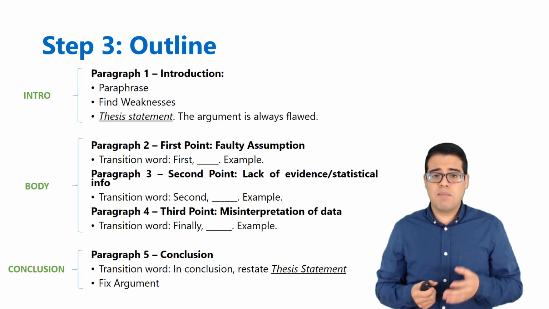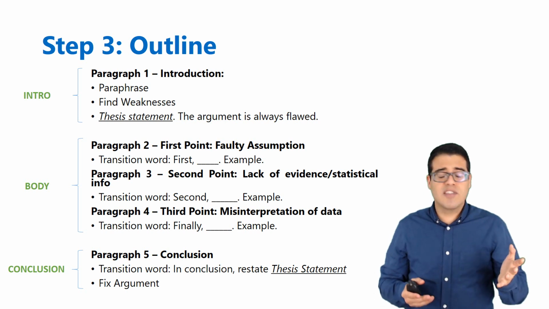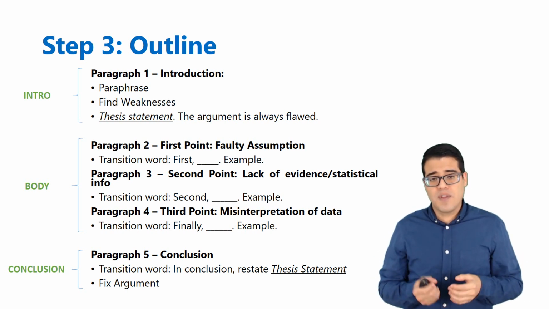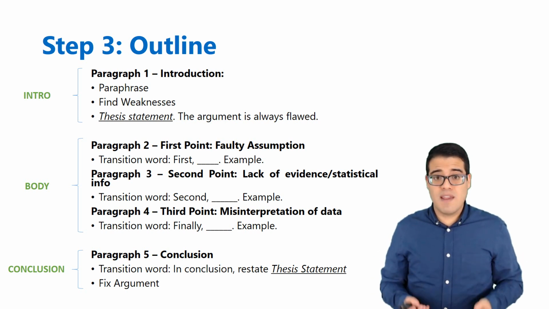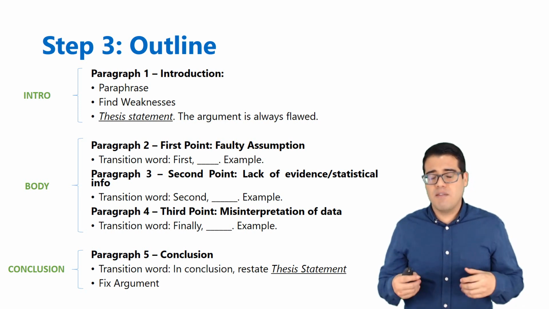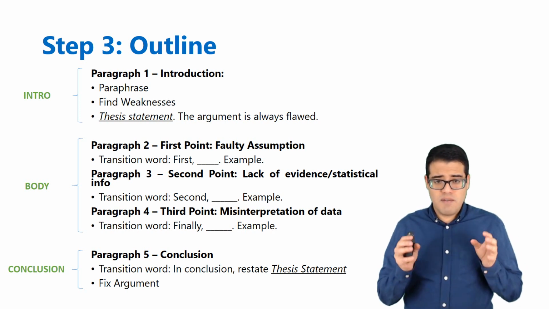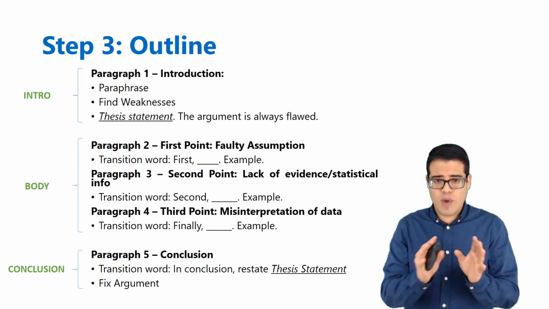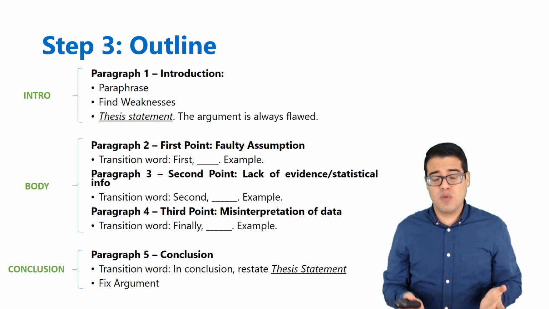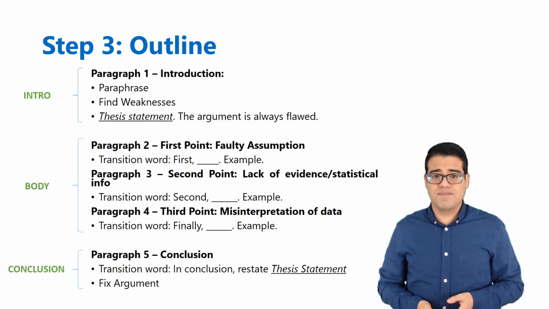And again, the thesis statement is that the argument is flawed. The premise does not lead to the conclusion. The conclusion is not supported by the evidence provided. The argument assumes many incorrect things. And you can take advantage to add something that could fix the argument. What does the author need to support his argument?